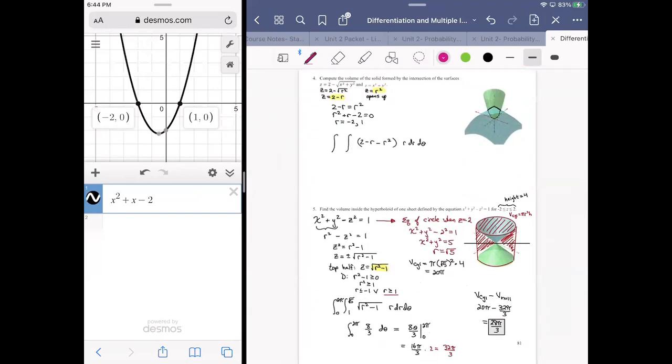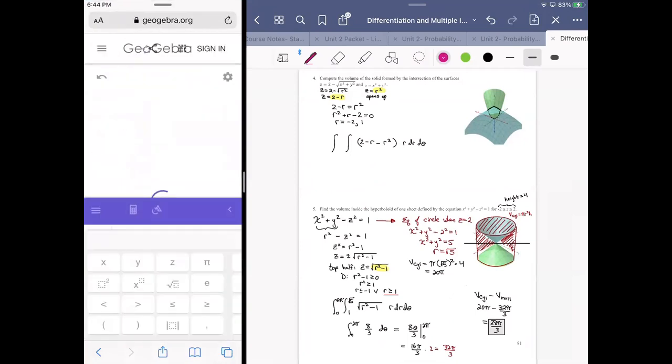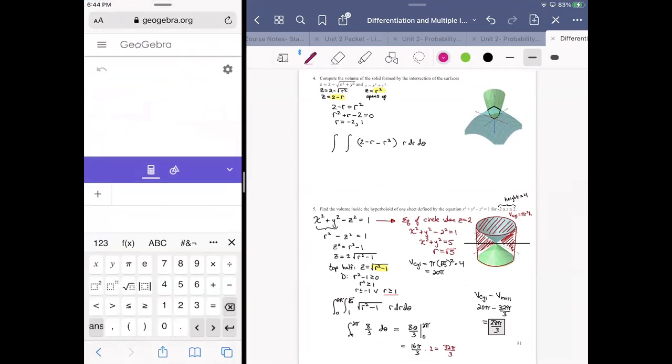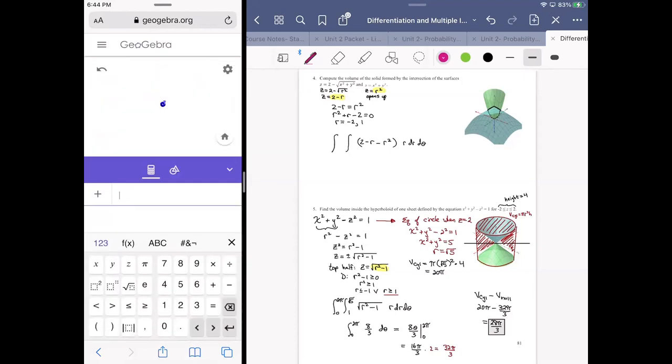Maybe the better way to do this, because I don't want to gloss over it, is to bring it up on GeoGebra so I can actually point at it. Because if I hand wave my way through it, it's going to end up a disaster. Let me show you, get rid of the plane. We have z equals x squared plus y squared.